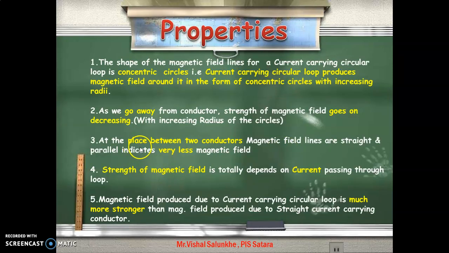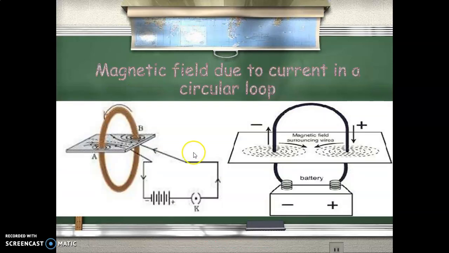Now next, at the place between the two conductors, the magnetic field lines are straight and parallel, indicating very little magnetic field. This is a very important point, my dear student. If you see here, the space between the two straight conductors, in between, the magnetic field lines are straight and parallel. It indicates that the magnetic field is very less or almost zero, because near to the conductors, as the loop is there, it appears like two conductors.